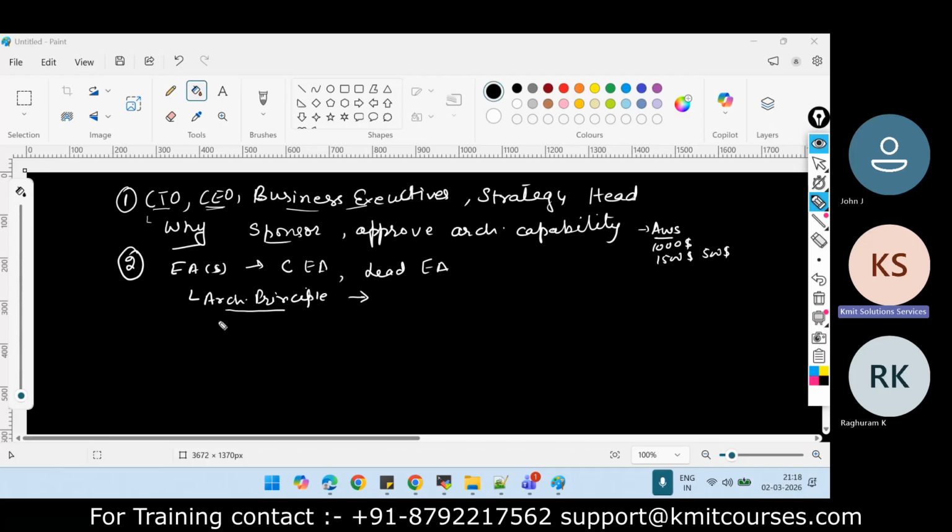That is the first thing. Second thing, they can propose a governance model. Okay, they can propose a governance model. So they can design the architecture as per the organization structure.